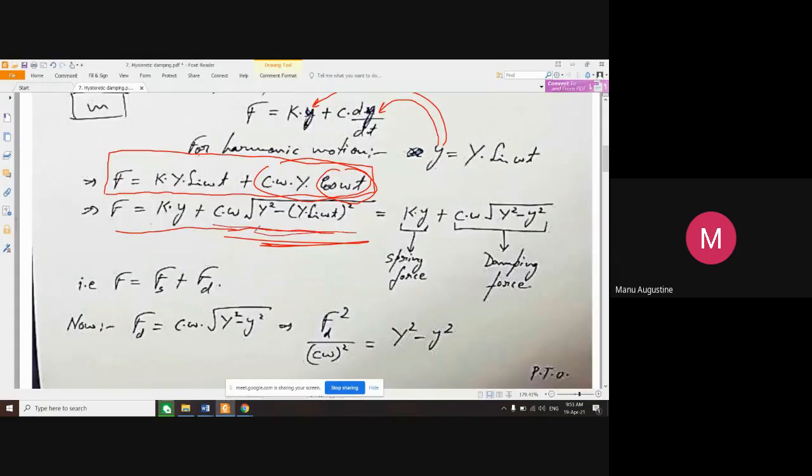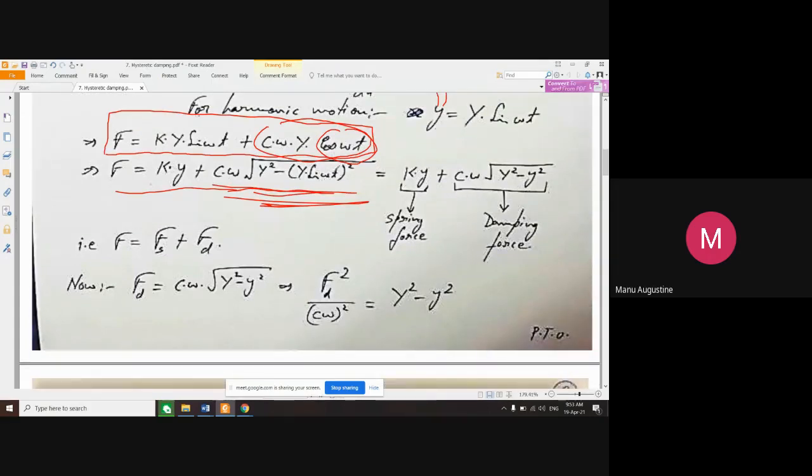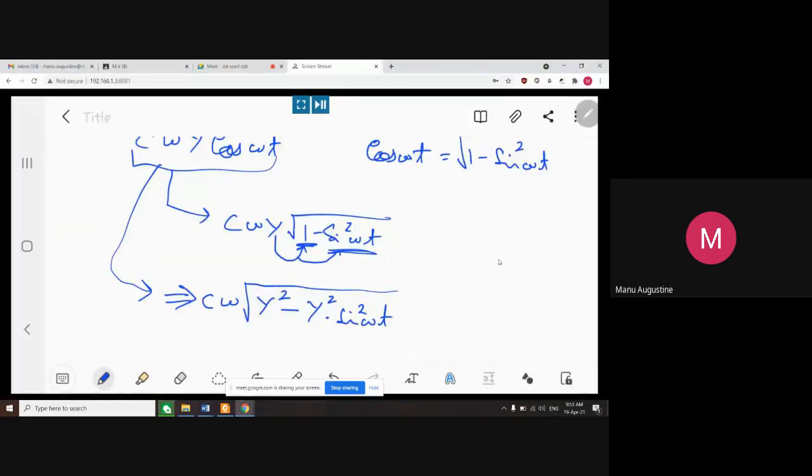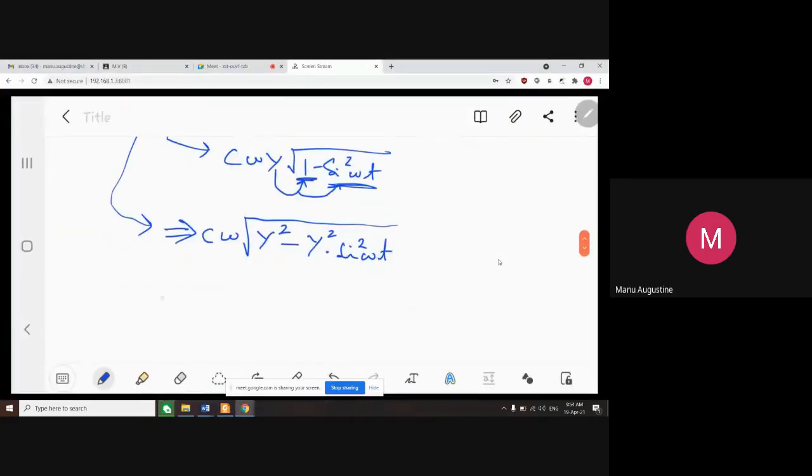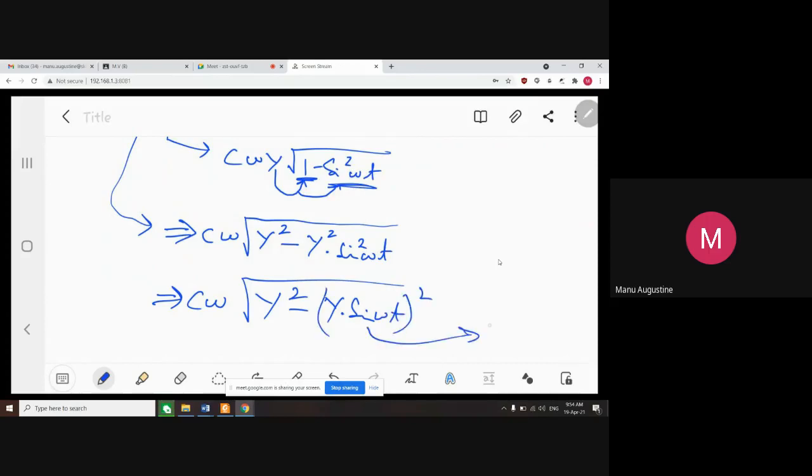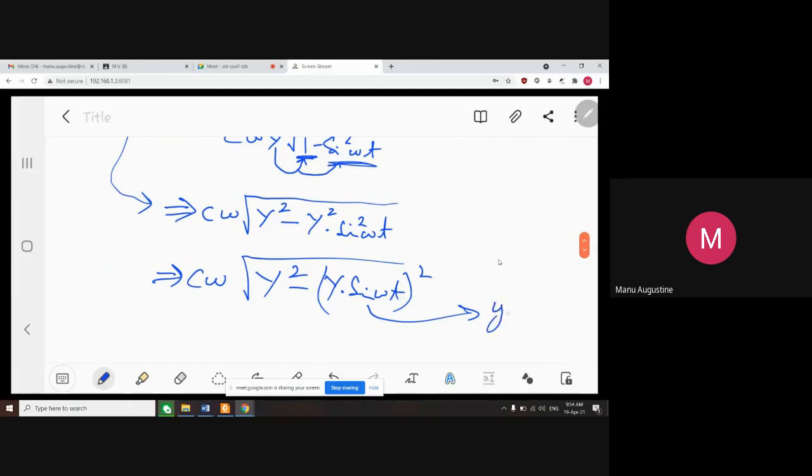And since we have Y square sine square omega t, this can once again be written as c omega under root of Y square minus Y sine omega t whole square. Since this expression is nothing but your variable y, you can eliminate this whole thing and put your small y here. So this is how this step came to be.